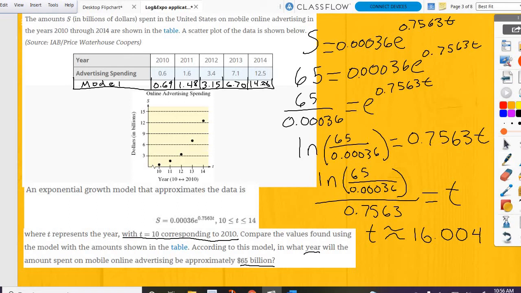The year. Does 16.004 make sense as a year? No, but if we refer back to what it tells us that our numbers correspond to, basically, we're talking about years after 2010. So I would have 2016. Agreed? Okay with that?